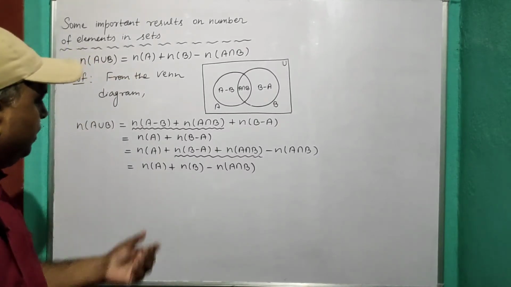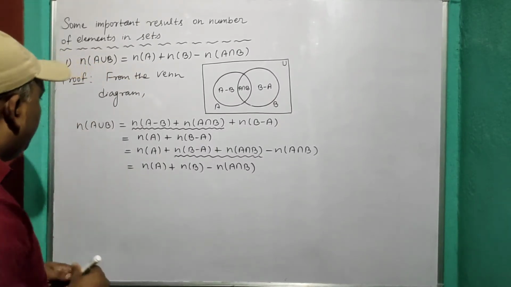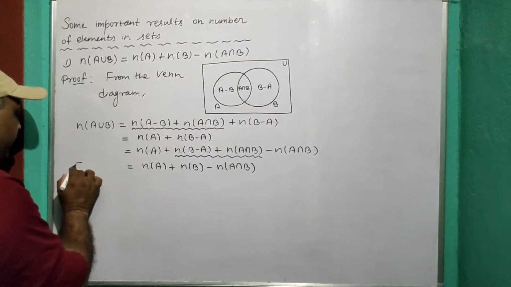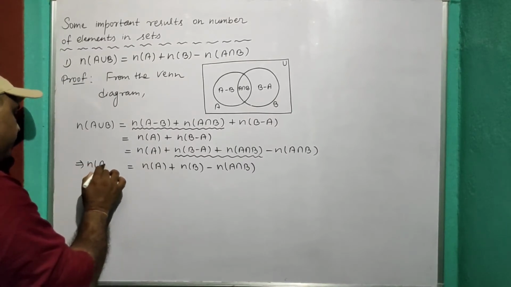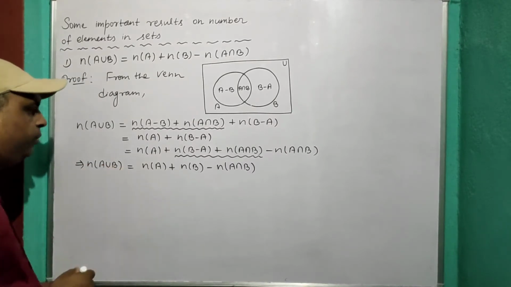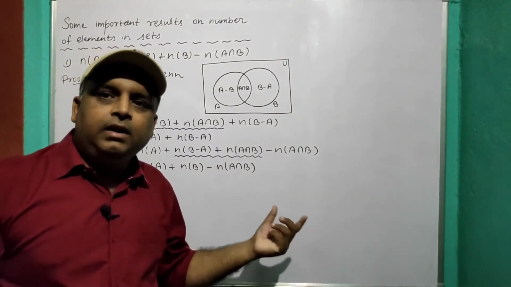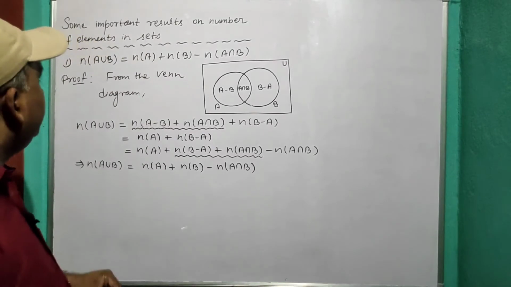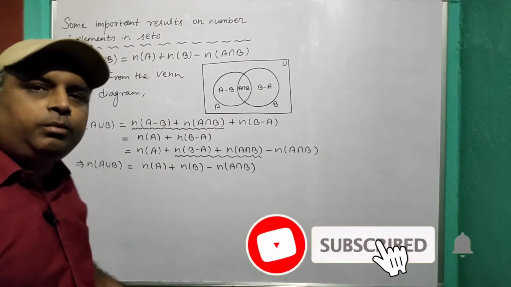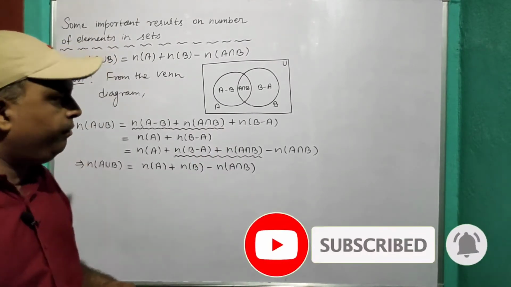Okay, so this is the required proof that n(A union B) equal to n(A) plus n(B) minus n(A intersection B). So this is the first important result, which is based on the number of elements in the sets.